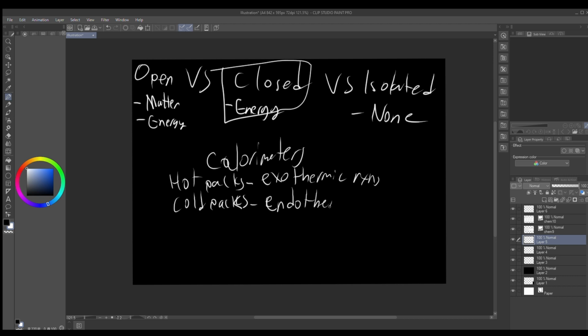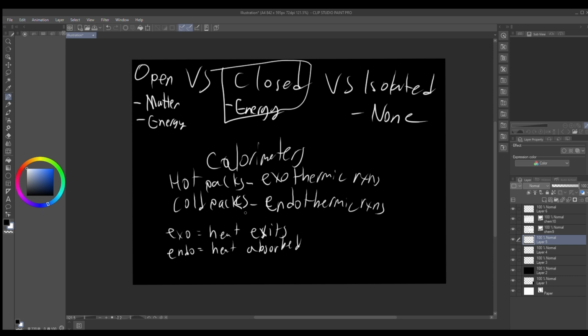So what does that mean? Exothermic reactions means that heat gets released, heat escapes, heat exits the system, while endothermic means that heat gets absorbed by the system.